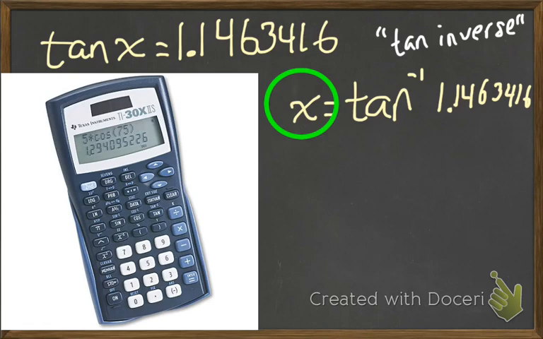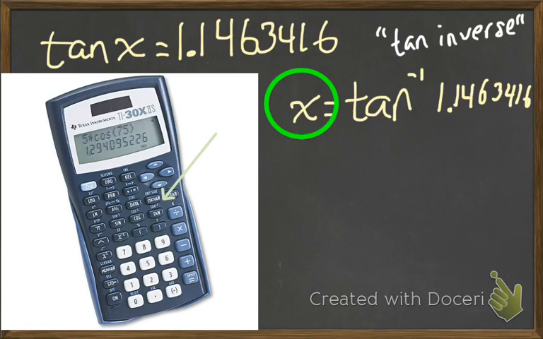So this is the cool thing about this, there's a button. If you look at this tan button, right above that, you see a tan inverse thing. It's not the actual button, it's right above the button. So it's right here. Oh, no, it's not. That was a fail. My fault. So it's right here. Okay? So you see tan inverse real small right there.